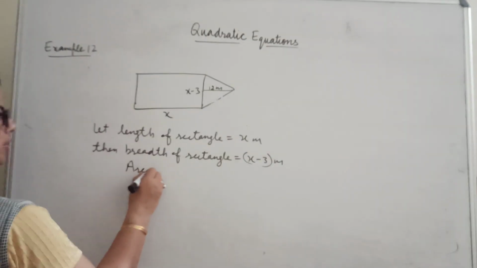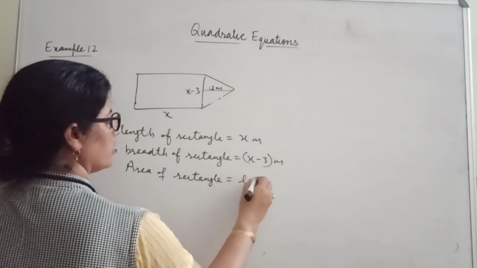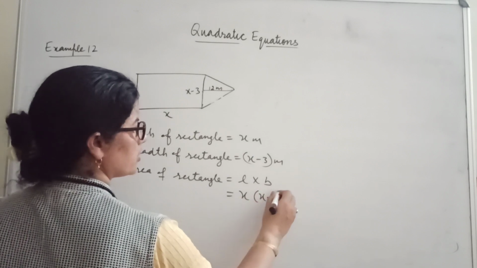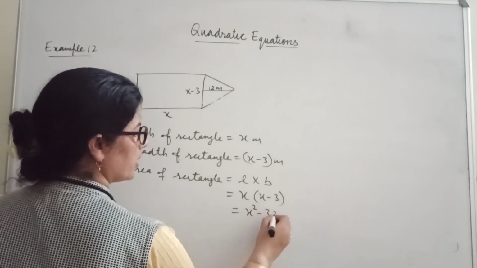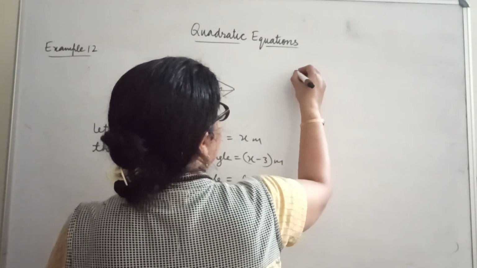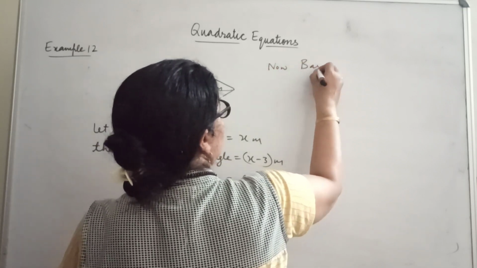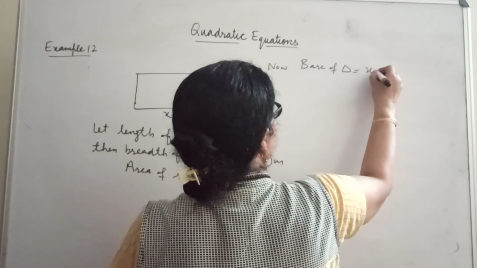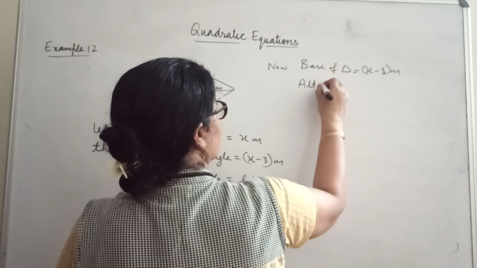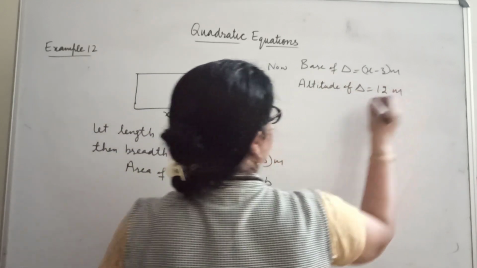Area of the rectangle will be length multiplied by breadth. Length means x, breadth means x minus 3, so the area will be x square minus 3x. Now see this triangle. What is the base of the triangle? The base of the triangle is x minus 3 meters. The altitude of the triangle is equal to 12 meters.